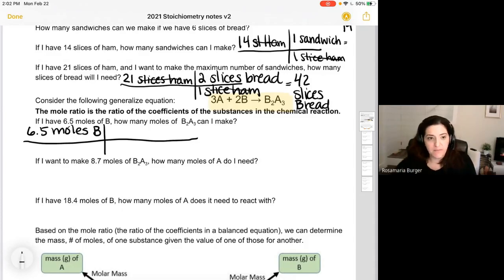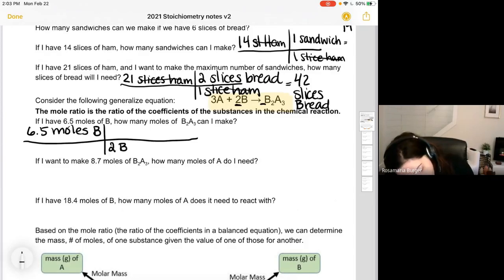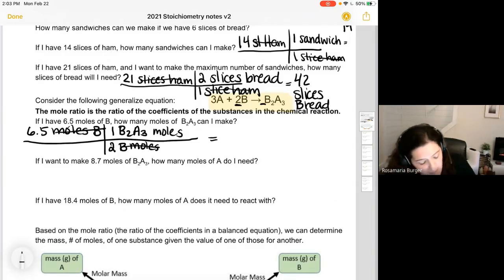For every 2 B, I get 1 B2A3. So now I'm going to say moles here as well. Moles is going to cancel out, and I'm going to have 6.5 divided by 2. So it's going to get me 3.25 moles of B2A3.